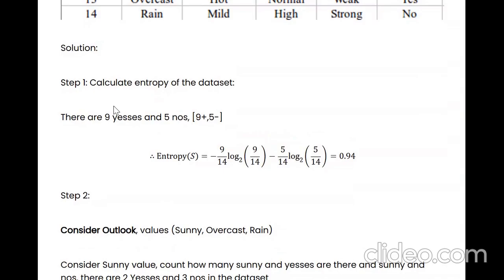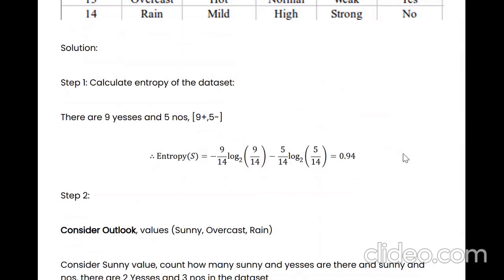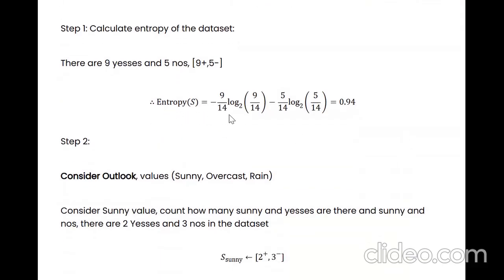The first step is we will calculate entropy of the data set. How do we calculate it? Count the number of yeses and the number of no's. 1, 2, 3, 4, 5, 6, 7, 8, 9, so we have 9 yeses. And count the no's: 1, 2, 3, 4, 5, so we have 5 no's.